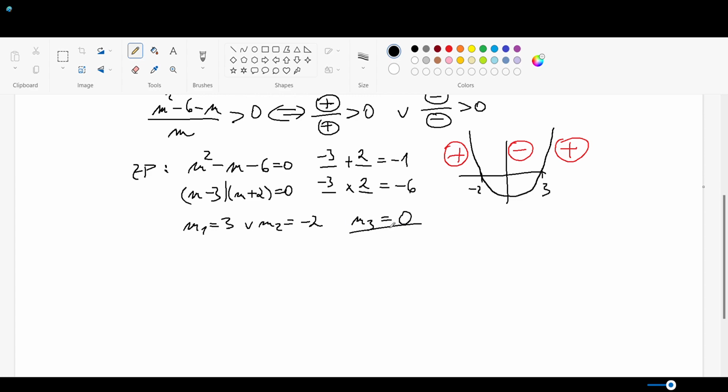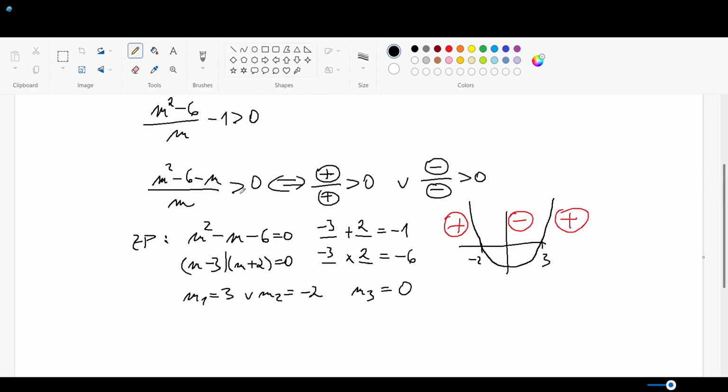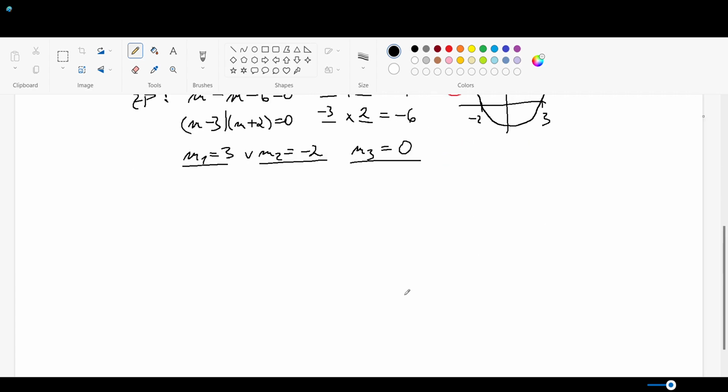Where does this 0 come from? Of course, a zero point also comes from the denominator, which is 0 only if m is equal to 0. So these are my zero points, which will divide the set of all real numbers into 4 intervals.